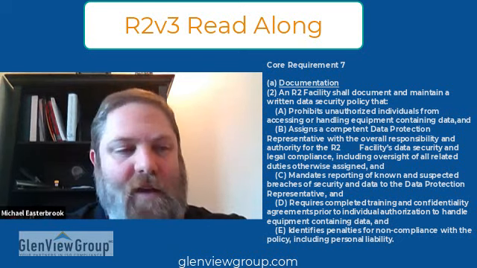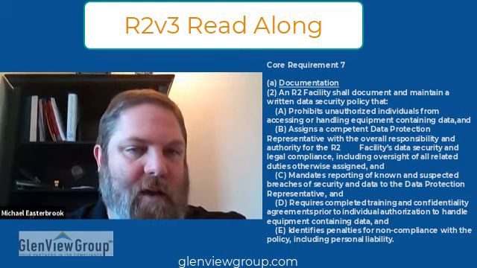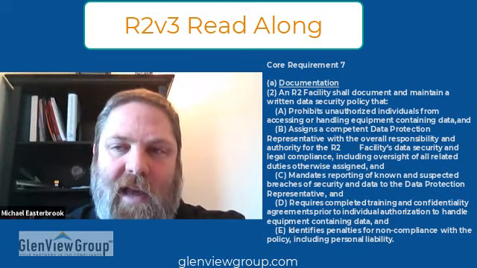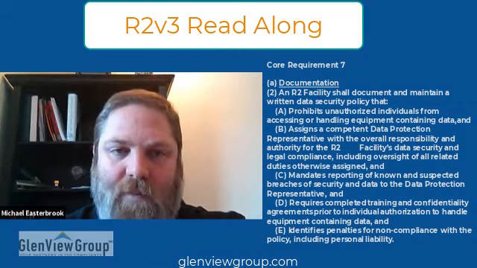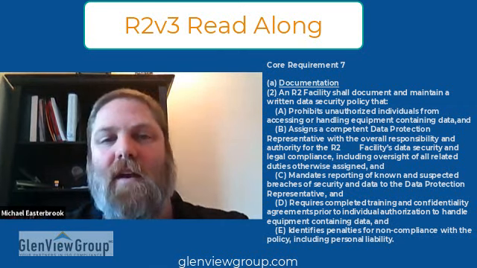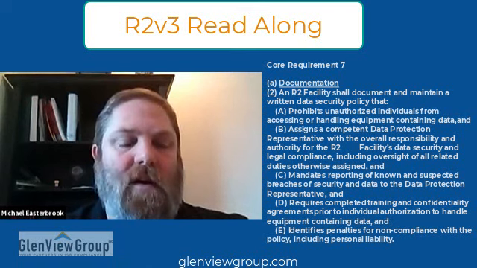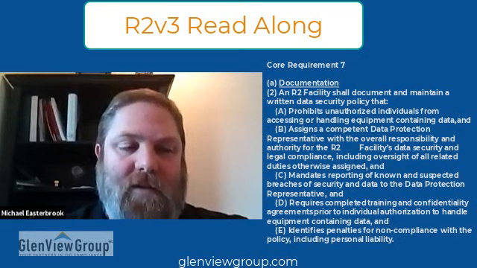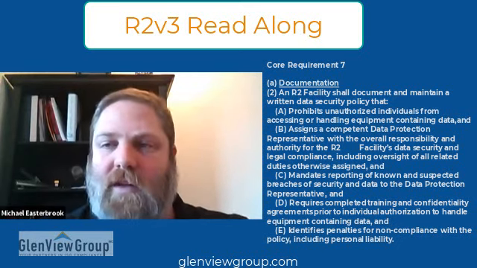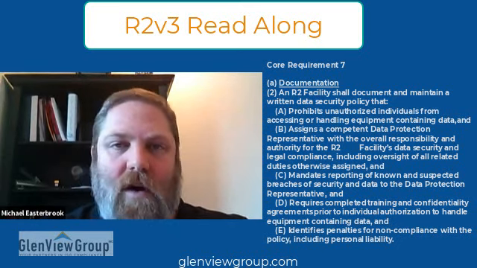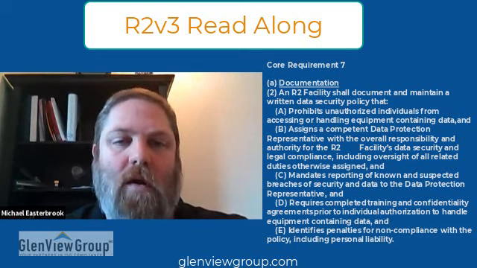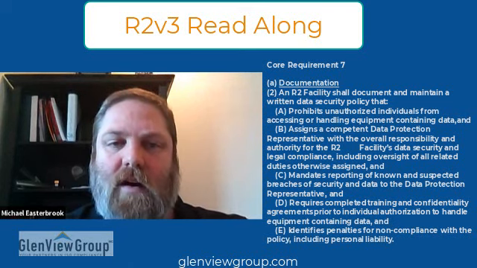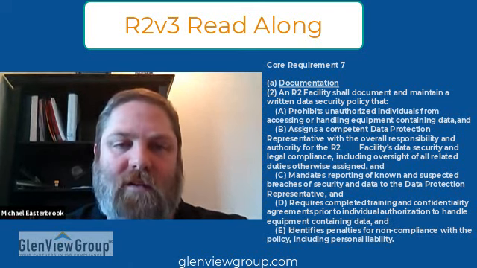In the early drafts of the R2v3, I think it said data security manager, and comments came in that changed this to data protection representative rather than manager, so that it can be somebody with other roles and responsibilities: the compliance person, the operations manager, the COO, even the warehouse manager, if they're the appropriate person for your organization.